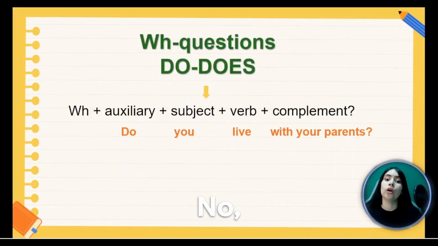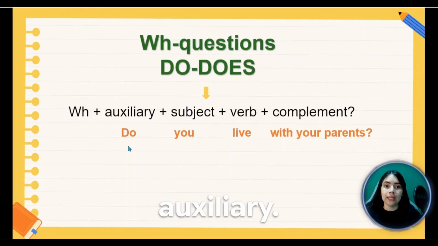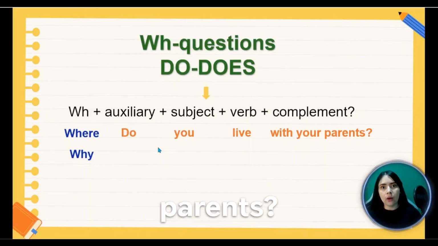Yes, I do. No, I don't. We need to include a WH before this auxiliary. For example, where? Where do you live? We live in a town. We live in Colombia. We live in Mexico. Why do you live with your parents?